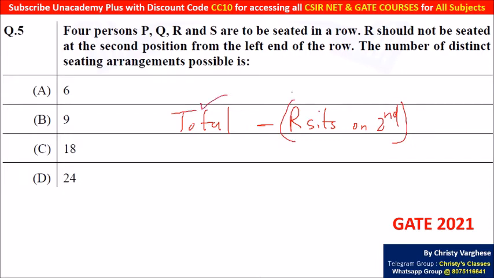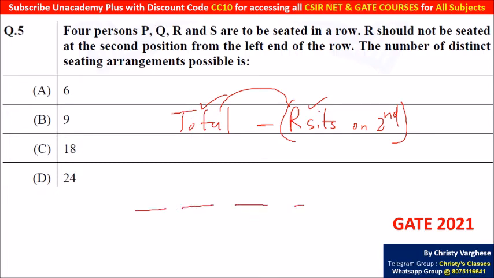Because from the total, if you remove all the cases when R is sitting on the second position, you will get R not sitting on the second position. The complementary approach we are using. If you want to find something, from the total cases subtract the cases when that something will not happen. So that is easier because the total arrangement is easy to find.